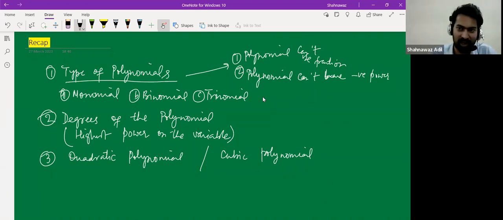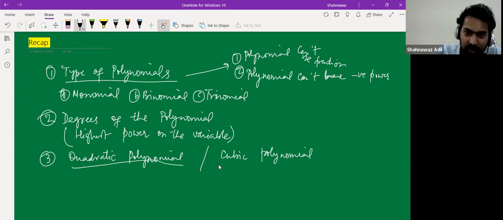So you have been through the revision, so you remember everything. So, quadratic polynomial and cubic polynomial. Quadratic polynomial had what degree? Degree 2, and cubic had degree 3.